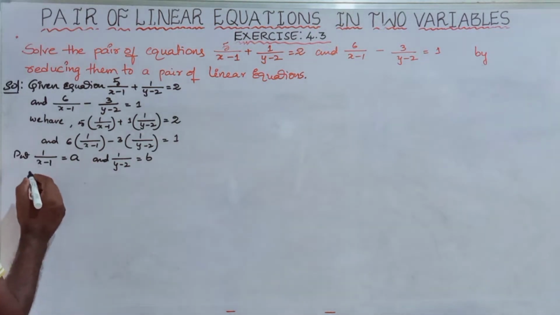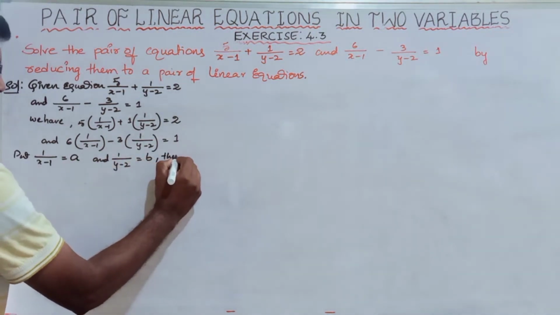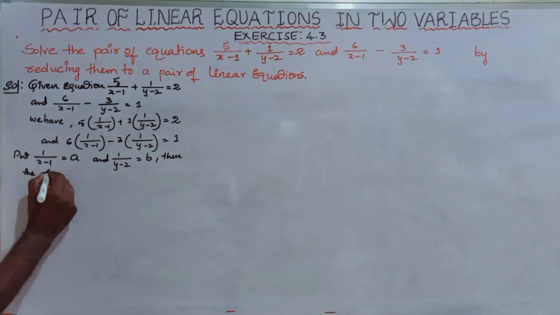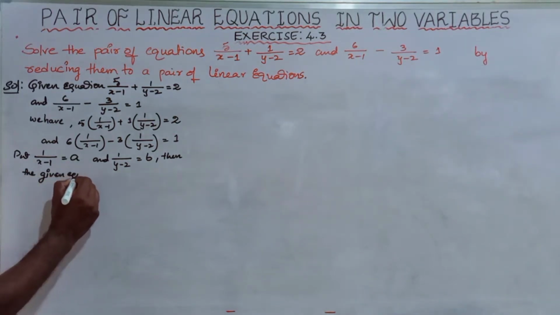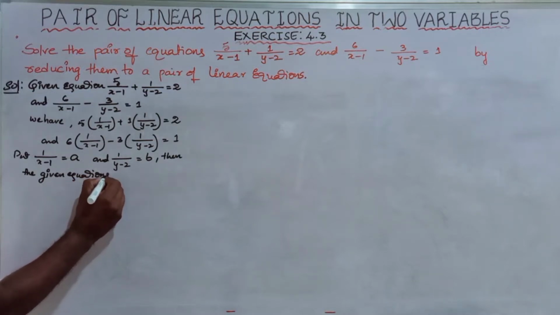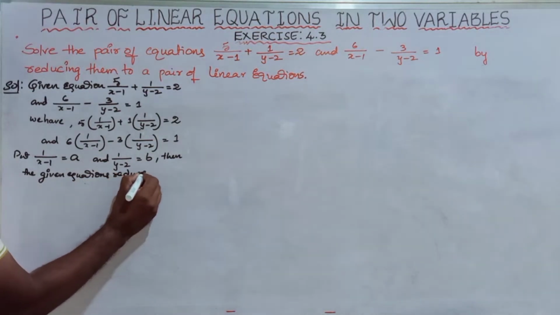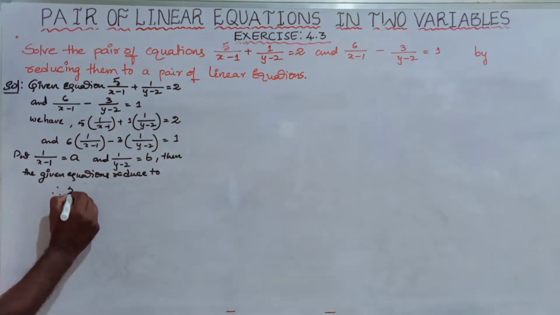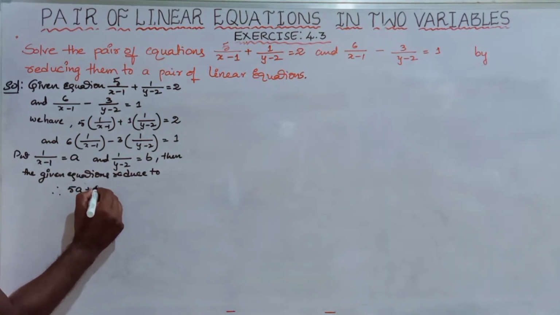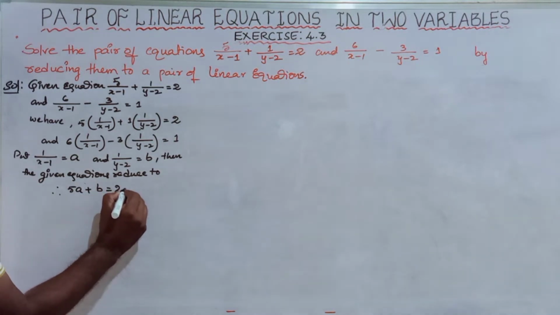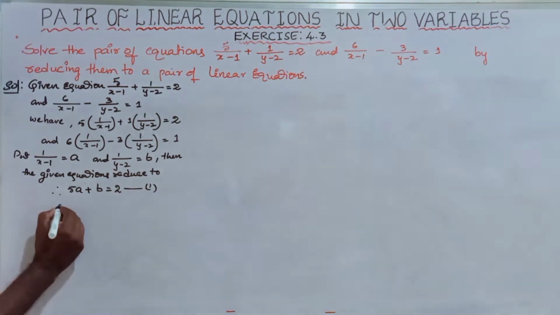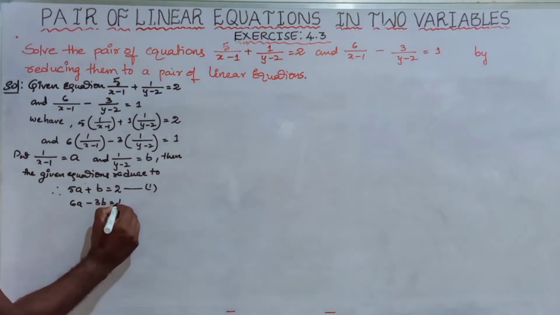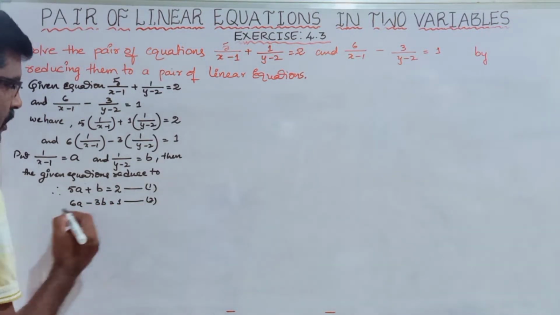Then the given equations reduce to 5a plus b is equal to 2, equation 1, and 6a minus 3b is equal to 1, equation 2.